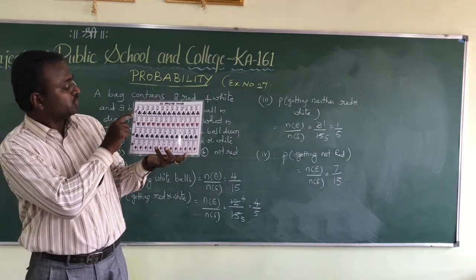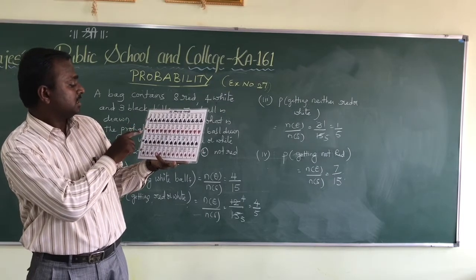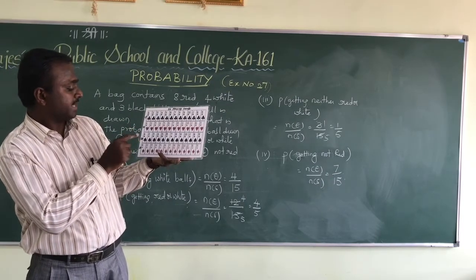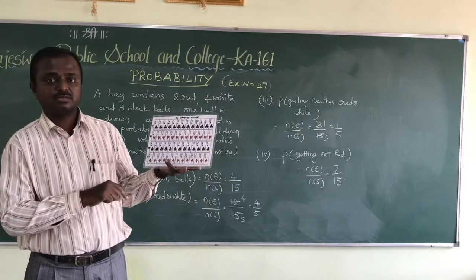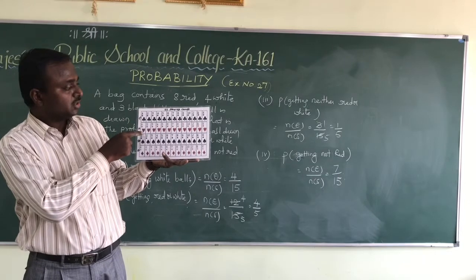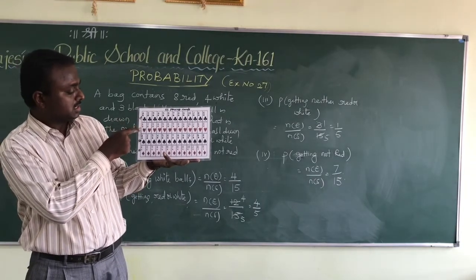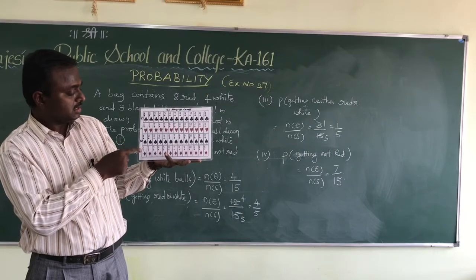So first one is club, hearts, spades, diamonds. So there are totally 4 types of suits, playing card suits: club, hearts, spades, diamonds.